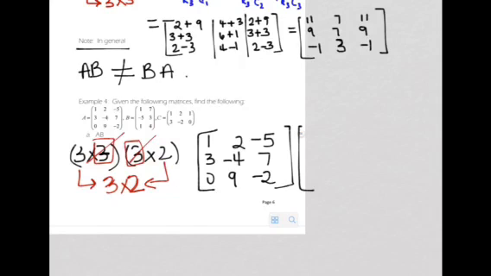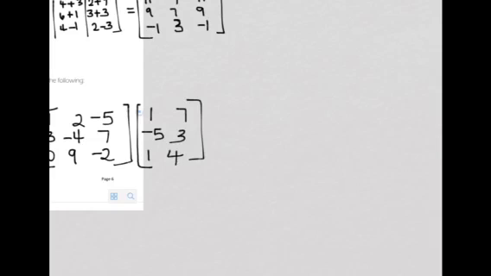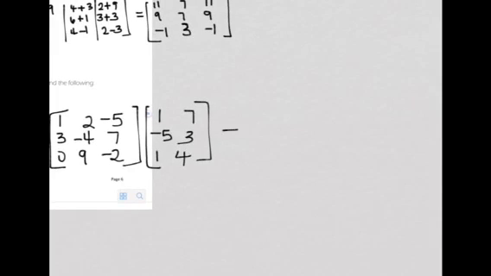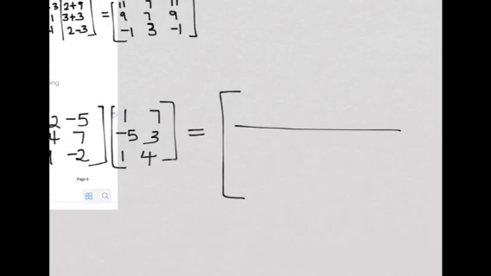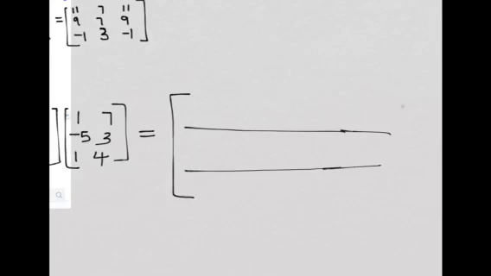And B is 1, 7, negative 5, 3, 1, 4. And we're going to end up with a 3 by 2 matrix. So again, I like to do my 3 rows and 2 columns.